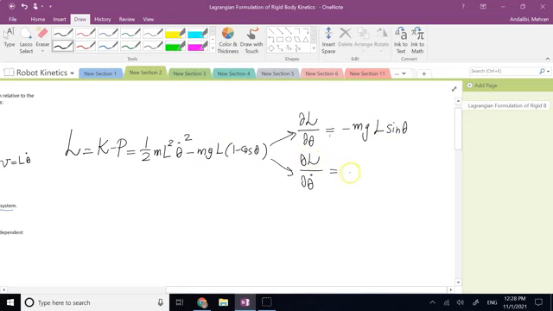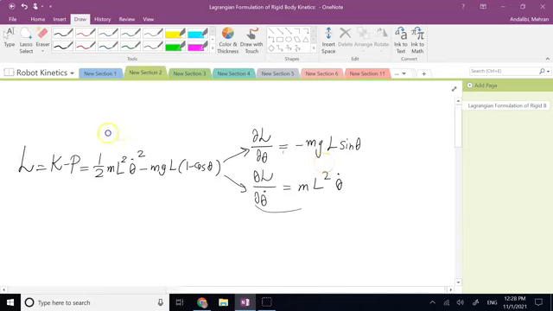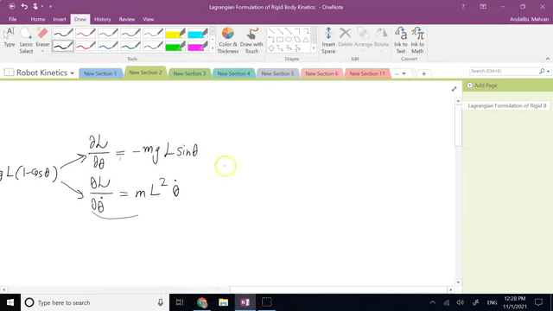And this one is definitely going to be mL squared theta dot. Now the time derivative of this minus that is going to be equal to the generalized force for theta. So this is my Euler-Lagrange equation.